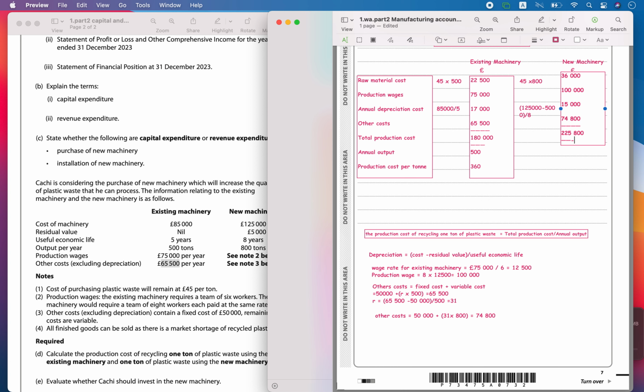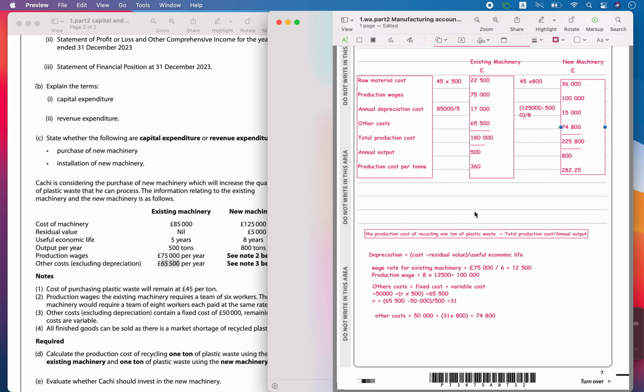That's the total production cost. And per ton, the annual output is 800 tons, so divided by 800, that is 282.25.